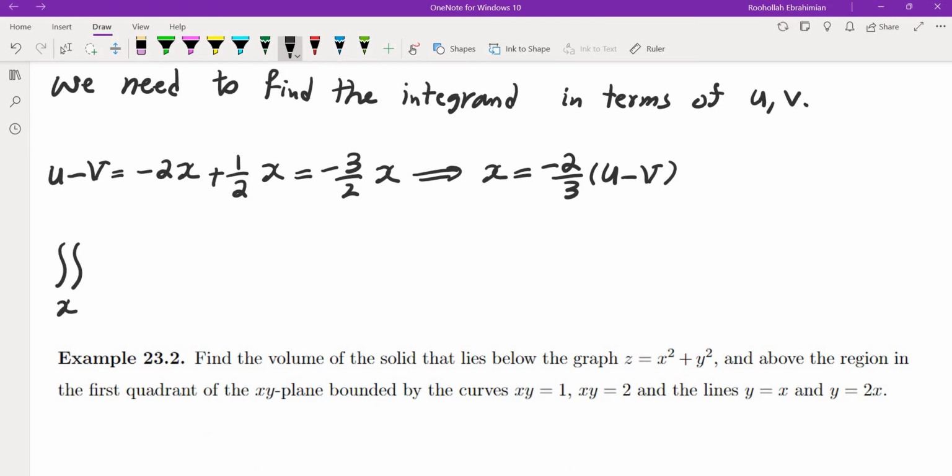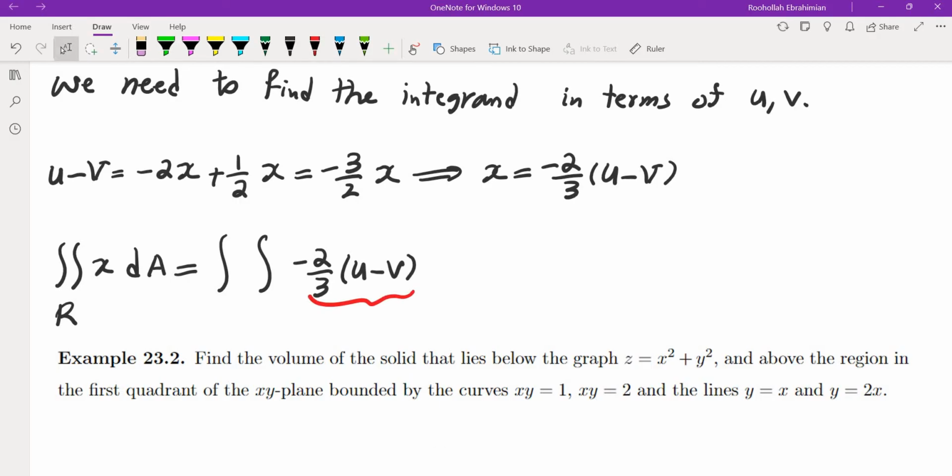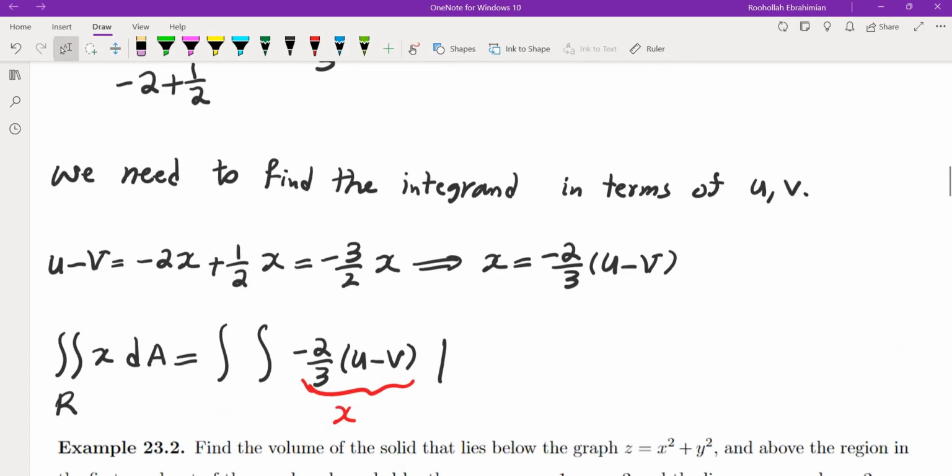So the double integral over R of x dA is going to be, so x is -2/3 times u minus v. This is x. This is the integrand. Then the Jacobian, so the absolute value of what we got here, which is -2/3.